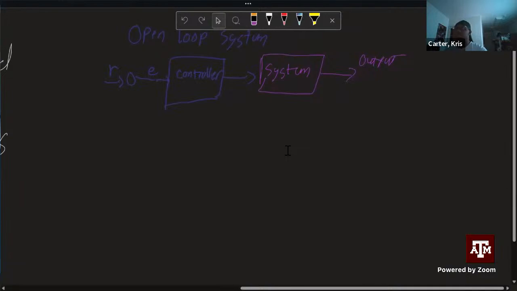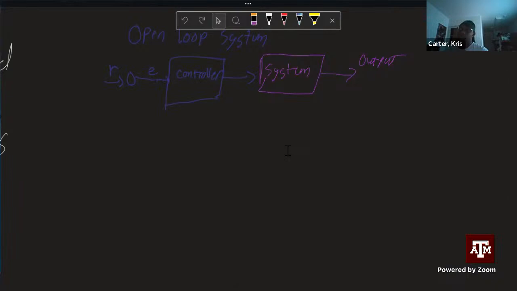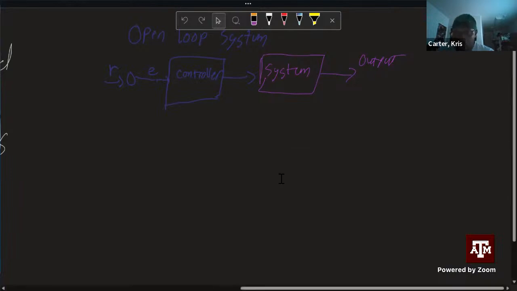So that's how open loop works. But in this class, most of what we're dealing with in terms of the math and equations are closed loop systems. So that is something to take note of.